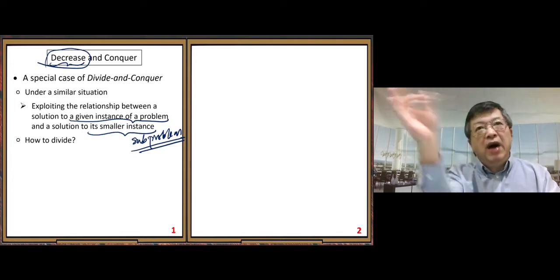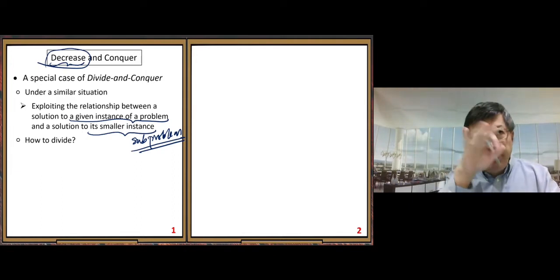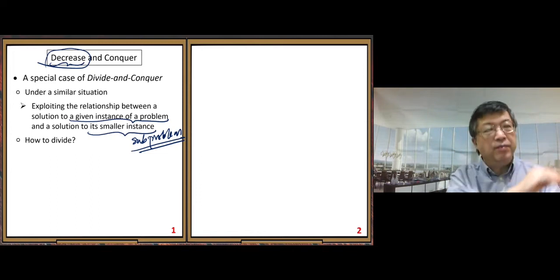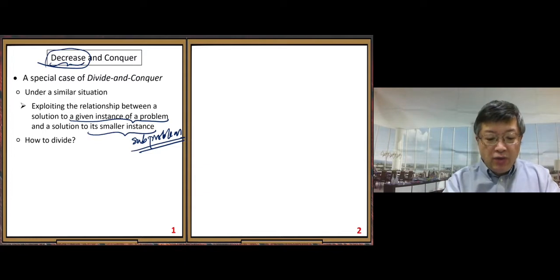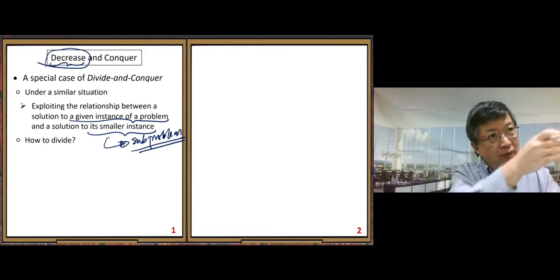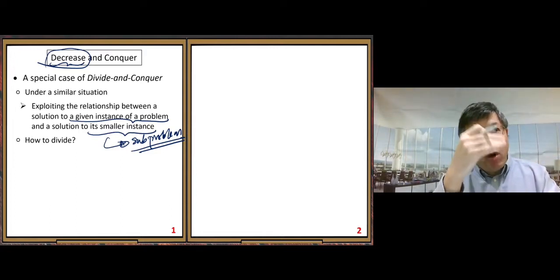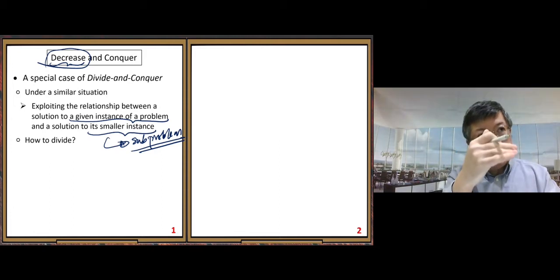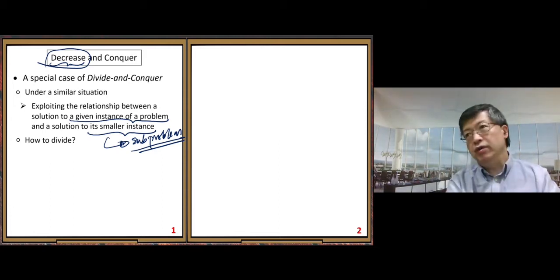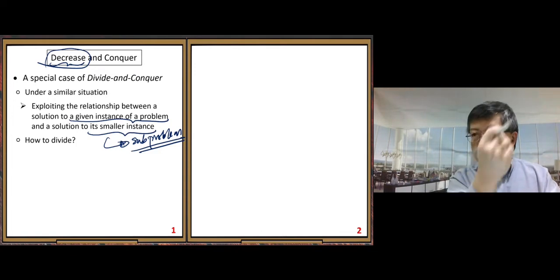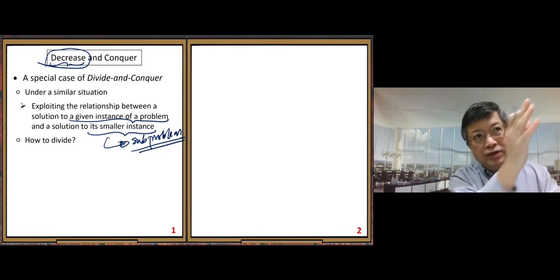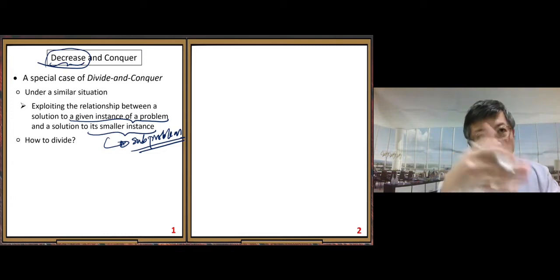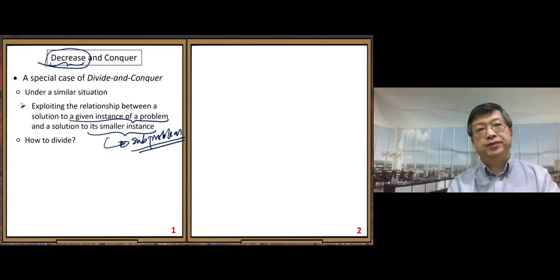Now, how to divide? There are several different ways to divide the original problem into its subproblems. The good thing is at this point, we have used this method several times before, so we can refer to our older problems and solutions to understand it.